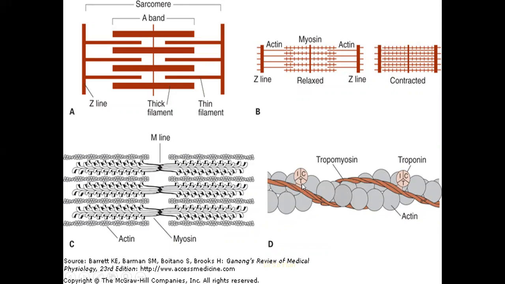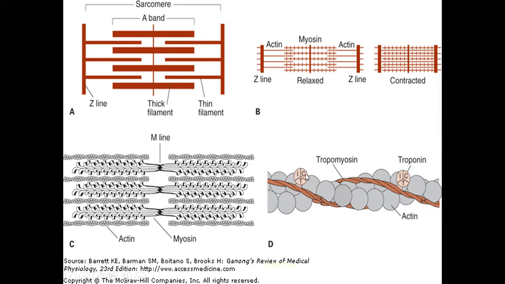The troponin complex is composed of three protein subunits. You have troponin T, I, and C, or troponin TIC. T is a protein subunit that will anchor the troponin complex to tropomyosin. The troponin I is for inhibition, so it's going to inhibit the interaction between the actin and myosin.